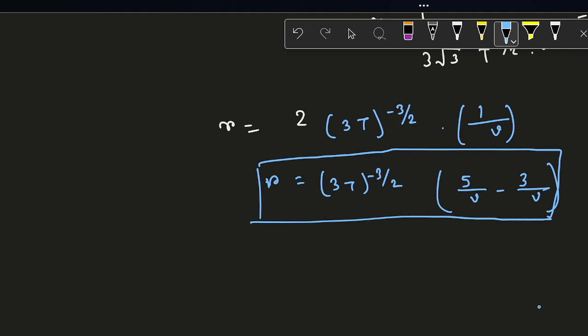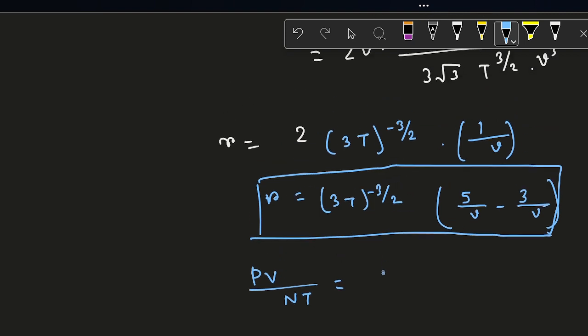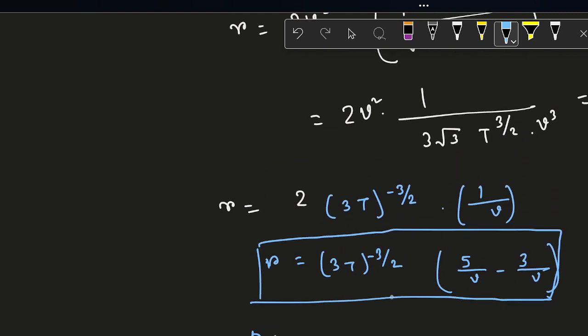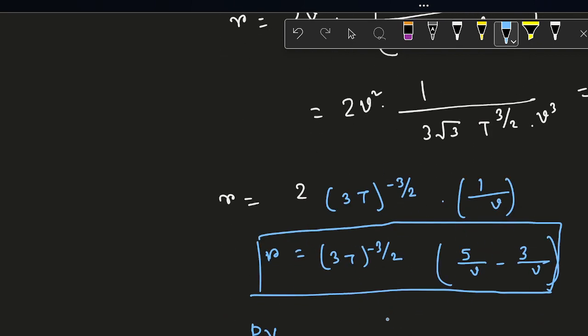And then what more you had been asked, I think I remember, is that this thing can also be taken as your equation of state, because ultimately your PV by NT is the same as your R. So you can just say that your PV by NT is equal to this whole thing, in terms of small capital T and small v.